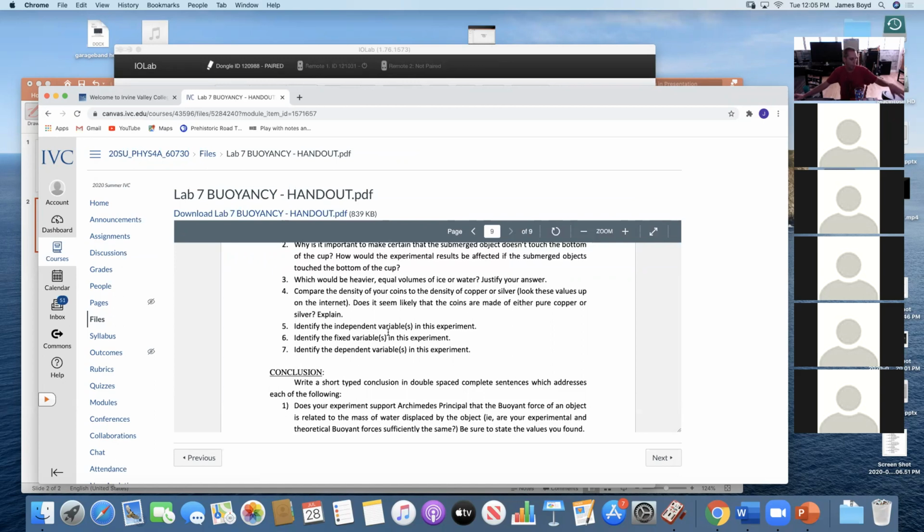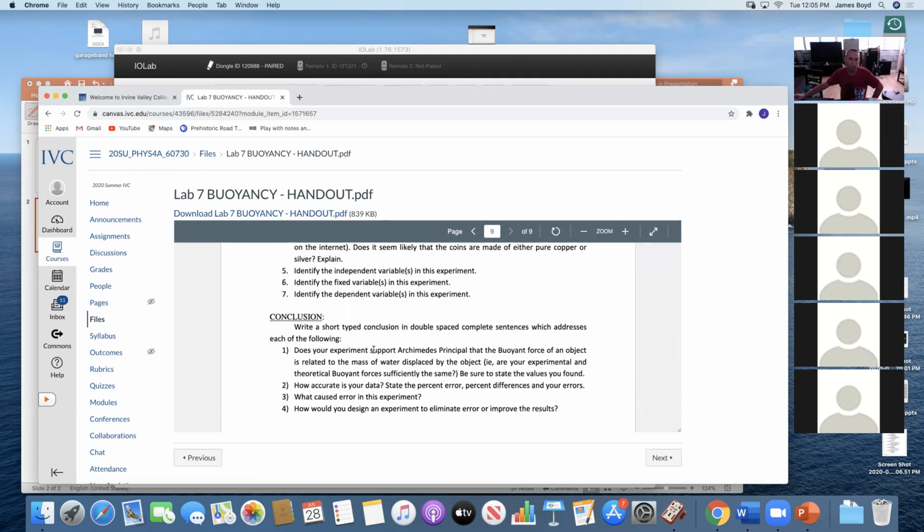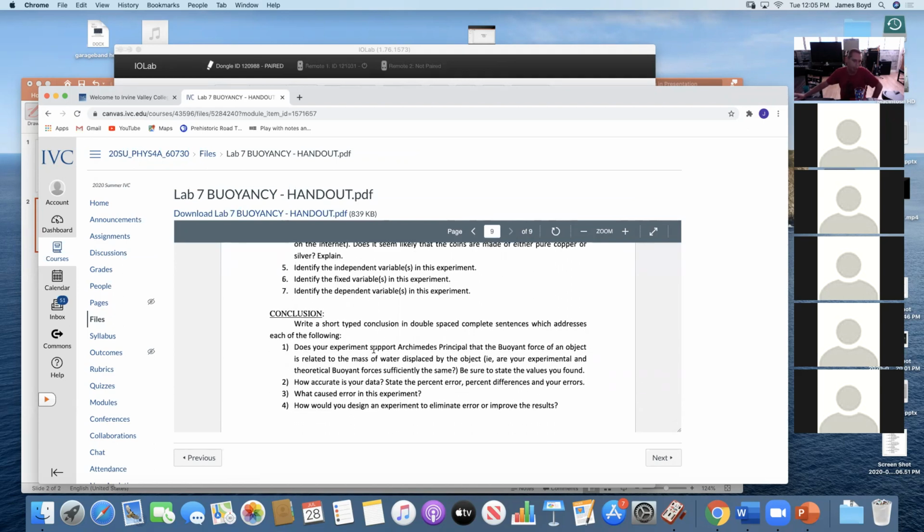So the different masses and different volumes of our objects are our independent variables. They're the things that we twiddled with. And then we got our dependent variables, which were our different weights and our different buoyant forces out of those, okay? I think that's self-explanatory, but if you're having a hard time with those, that's what they are.